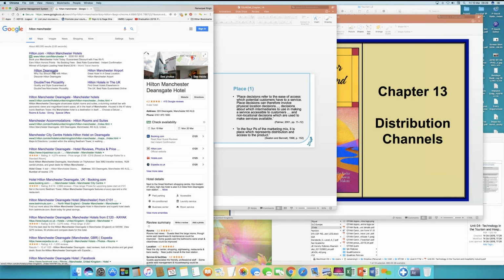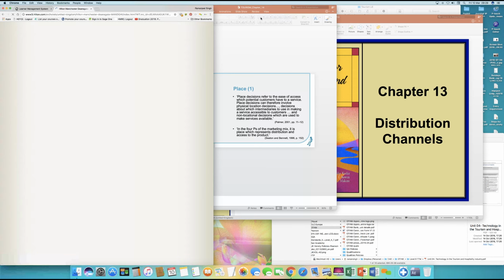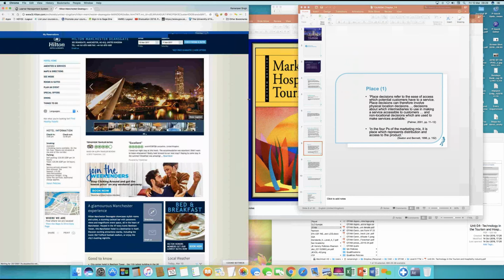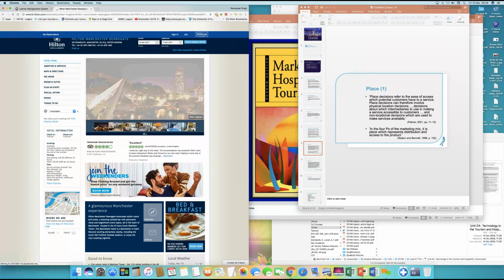Correct? Now, today, if you're trying to book a hotel, because of the use of internet and the technology available, a lot of hotel operators have actually created virtual tours of their hotel.